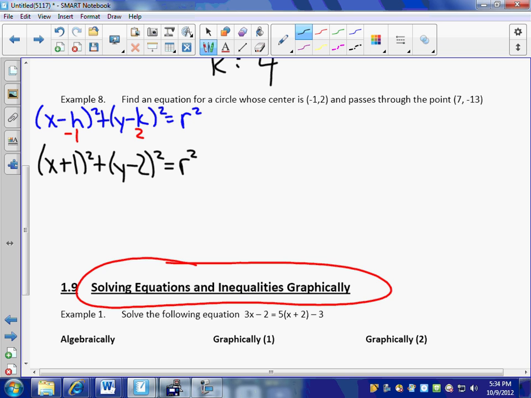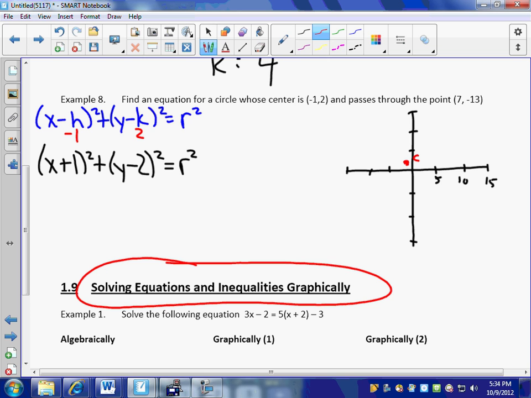Now, we don't really know the radius yet, but the center is (negative 1, 2) and it passes through the point (7, negative 13). If I could just draw a diagram here, we're going to go 5, 10, 15. So if the center is (negative 1, 2), somewhere like that, that's my center.